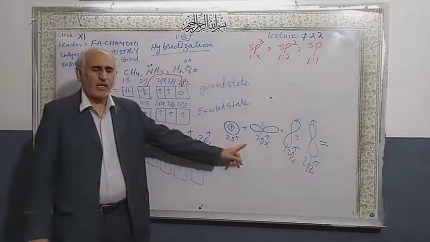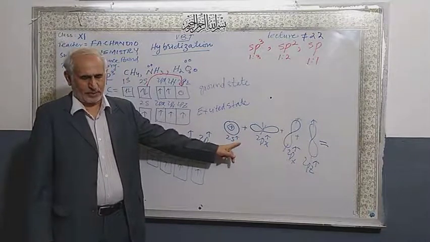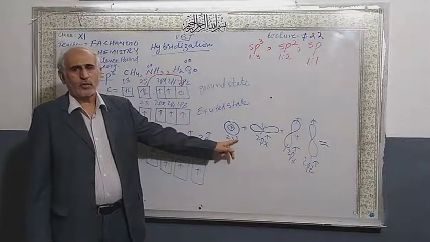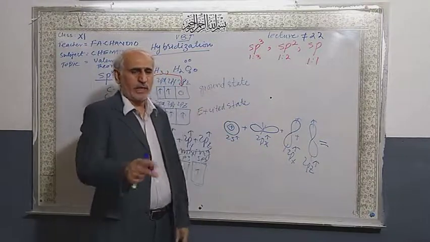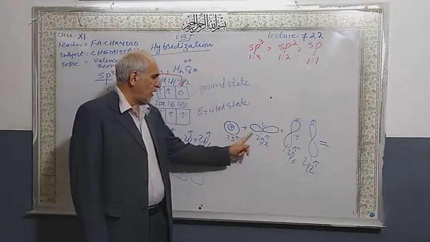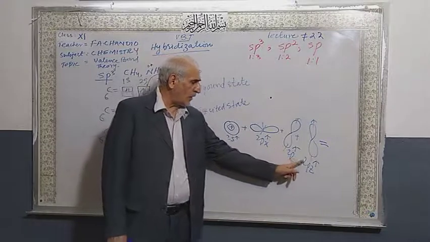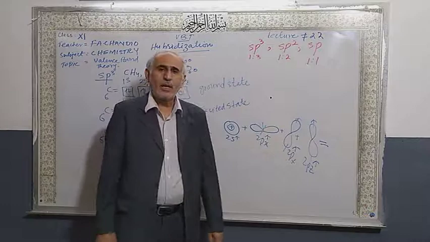This is not given in your book. Please draw it in your book if you find space, or draw it in your copy, or on a small page, and attach it to your book. 2s1, 2px1, 2py1, 2pz1 are intermixing, plus, plus, plus.